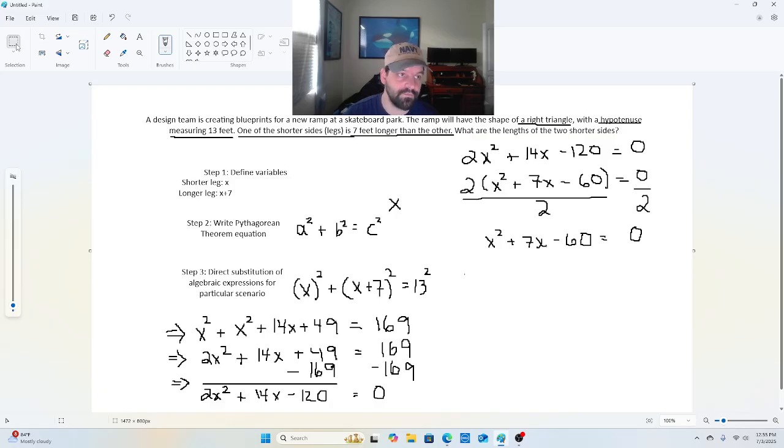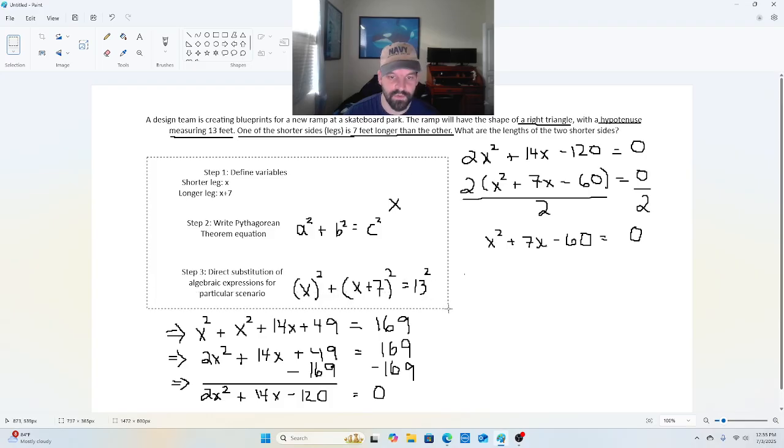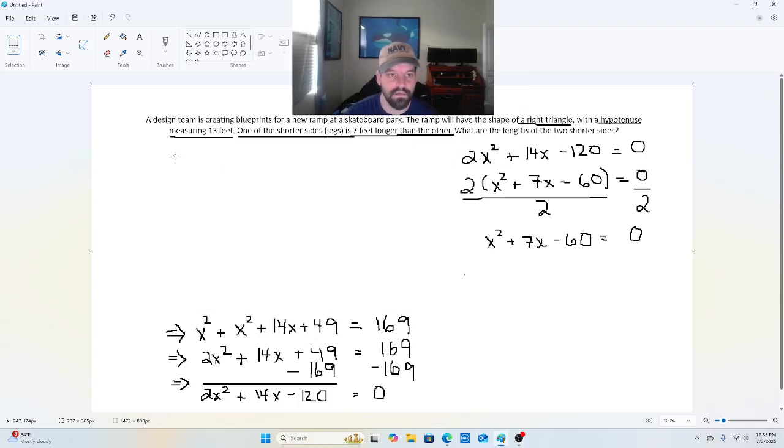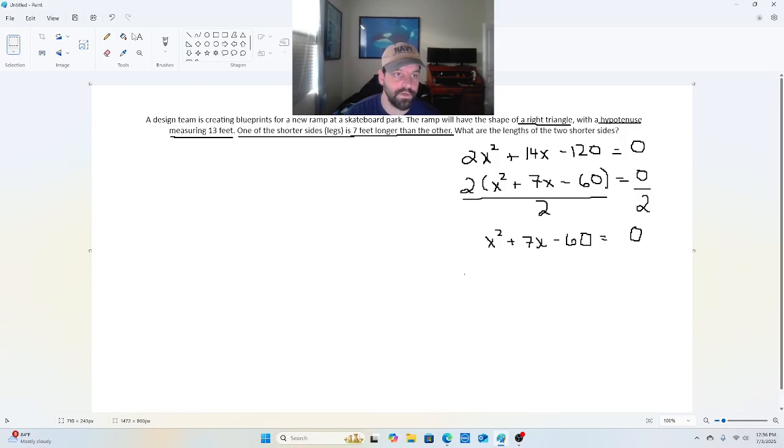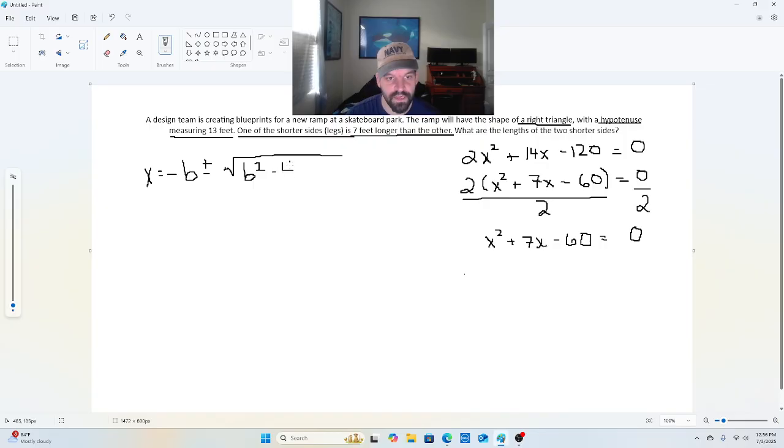I'm going to make a little bit more room here. So, remember our quadratic formula: x equals negative b plus or minus the square root of b squared minus 4ac, all over 2a.